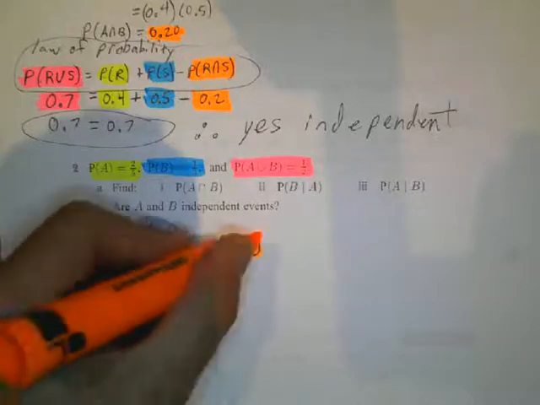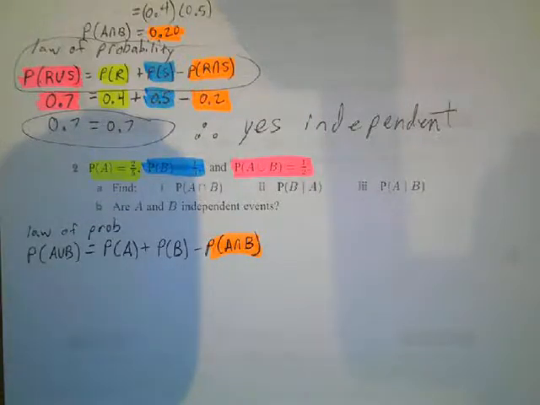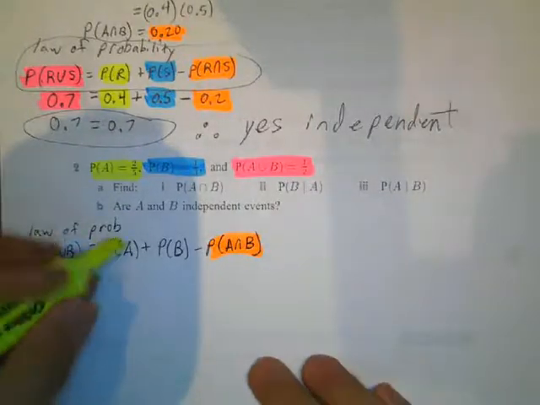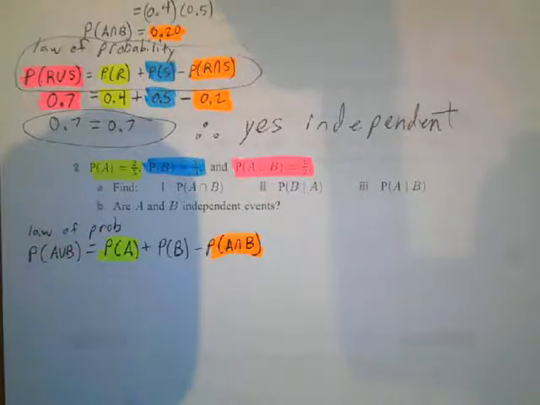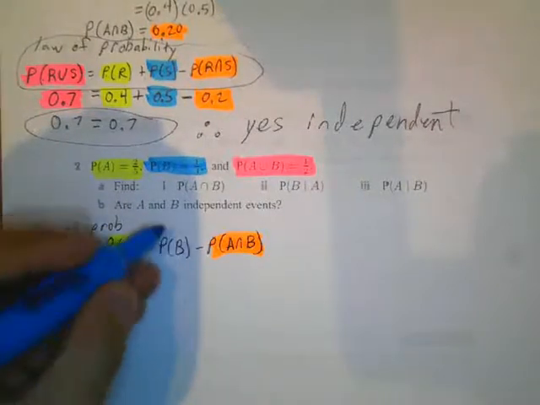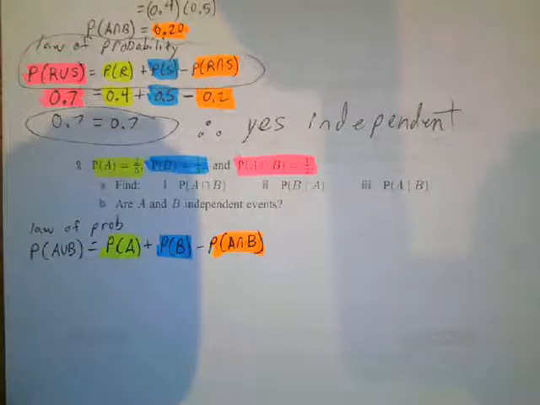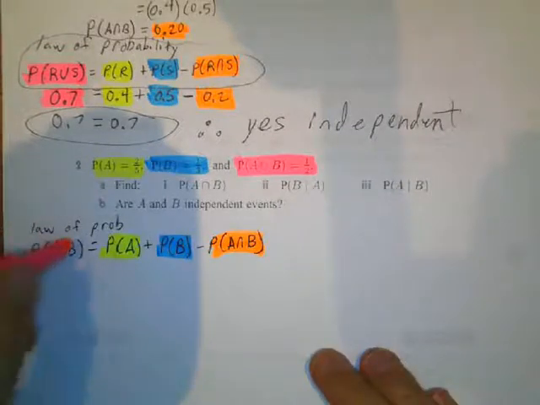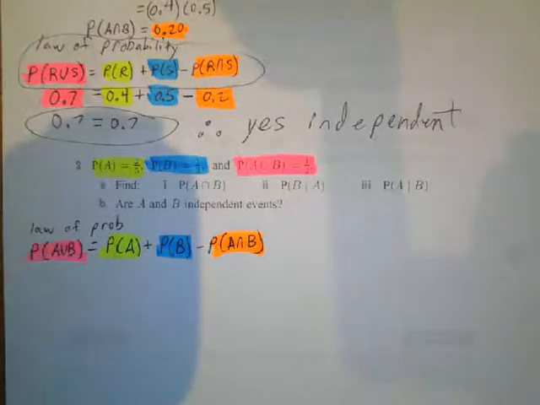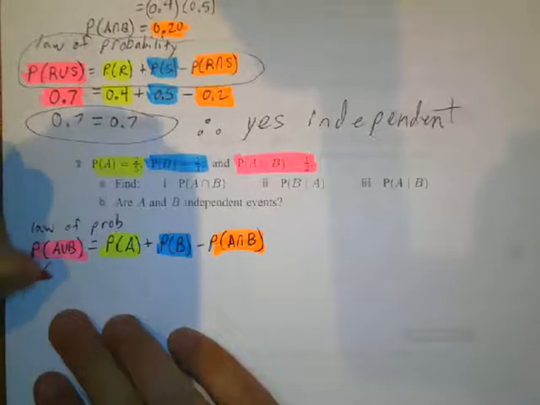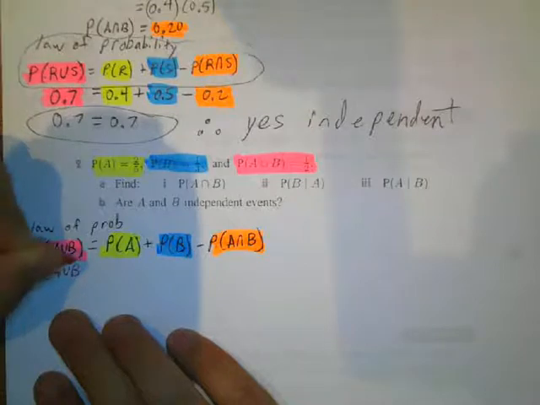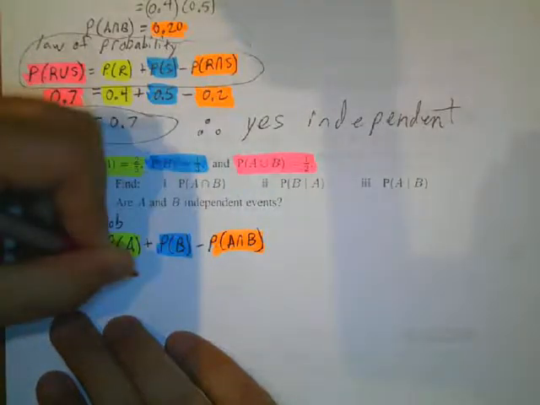We're trying to get this orange one, because we know the yellow one, we know the blue one, and we know the pink one. So what I'm going to do is I'm going to subtract the probability of A union B on both sides of the equation.